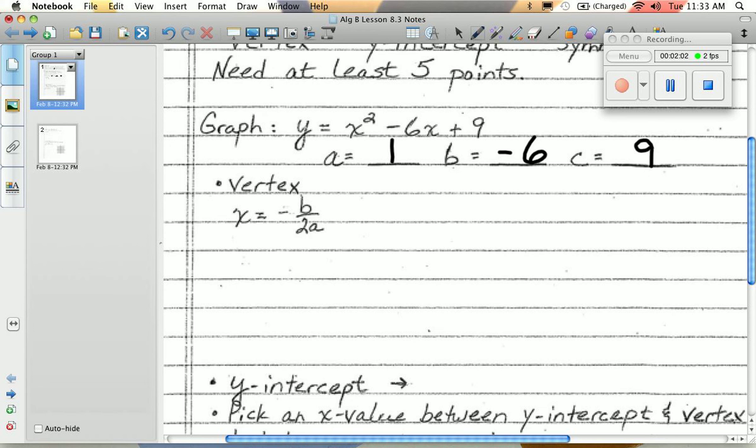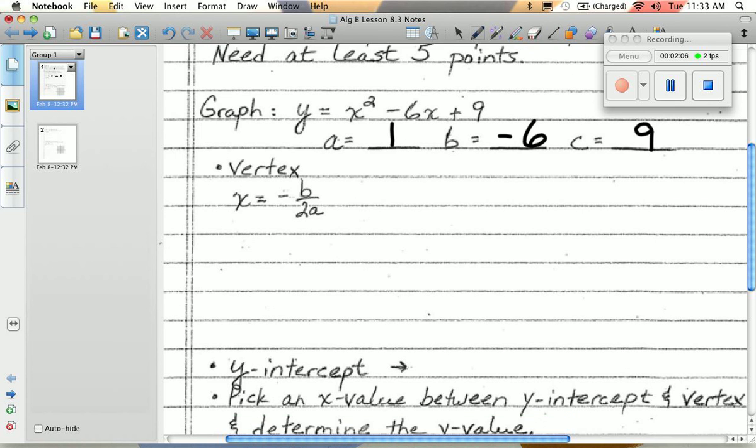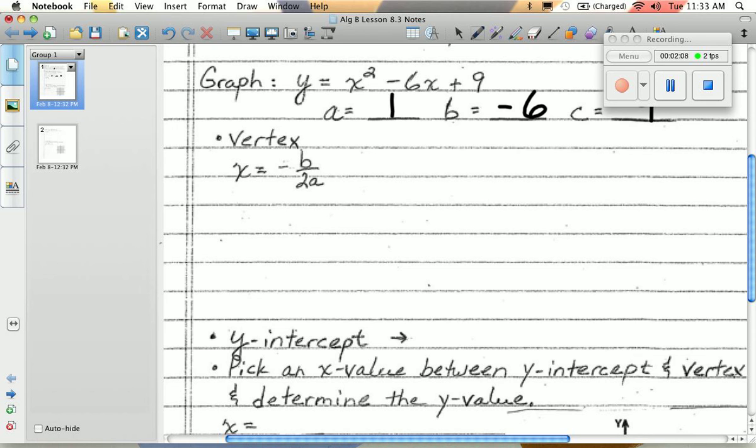Okay, we're always going to start with the vertex. So anybody recognize that little formula there? x equals negative b over 2a. What does that find for us? The axis of symmetry. Remember, that finds us that vertical line that cuts the parabola right down the middle.